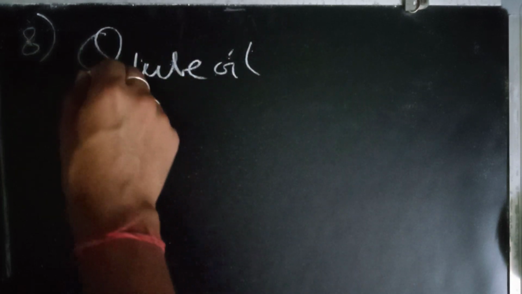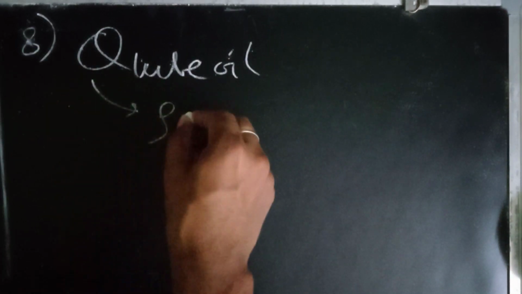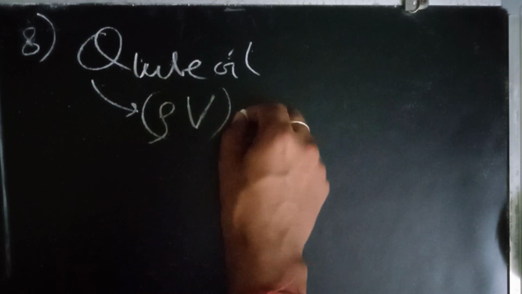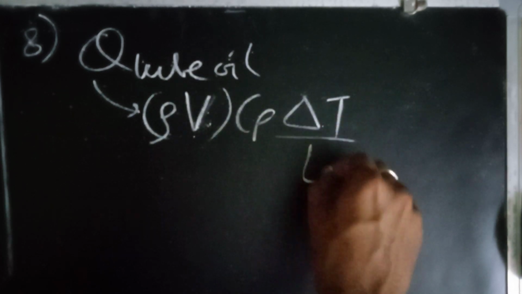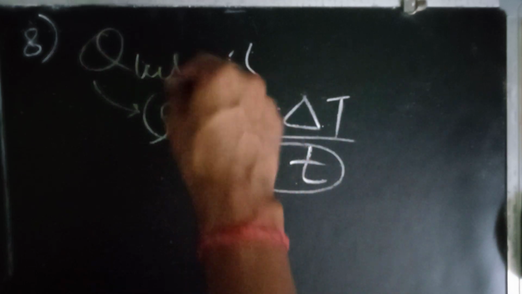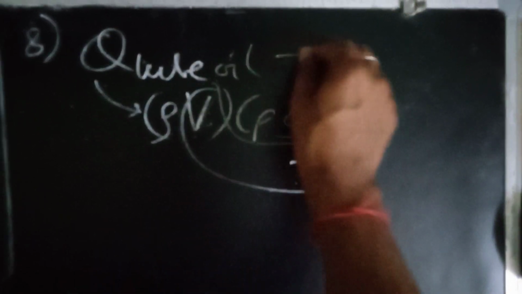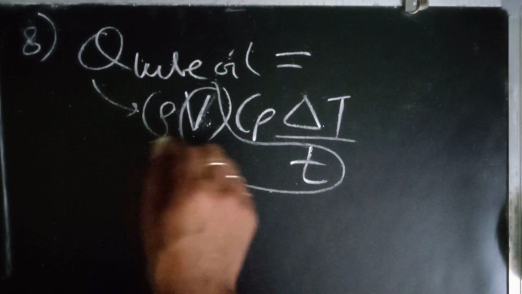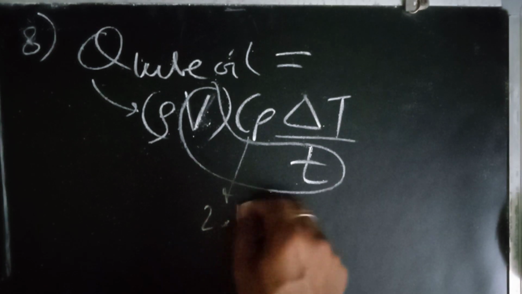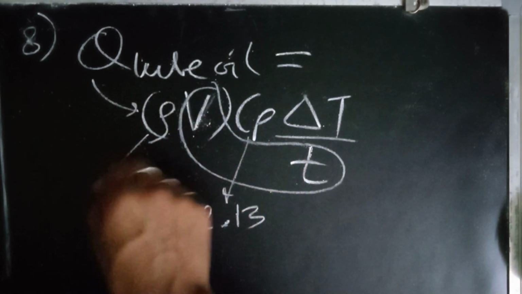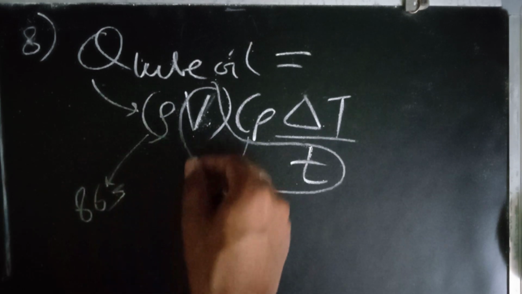There was given a Q of lube oil heat, given as rho V Cp delta T by time. Let me write it: rho V Cp delta T by time. So this was volumetric flow rate. I don't remember the values because there were a lot of them. This was, I guess, 2.13 for lube oil, and this was around 865, I don't know exactly.